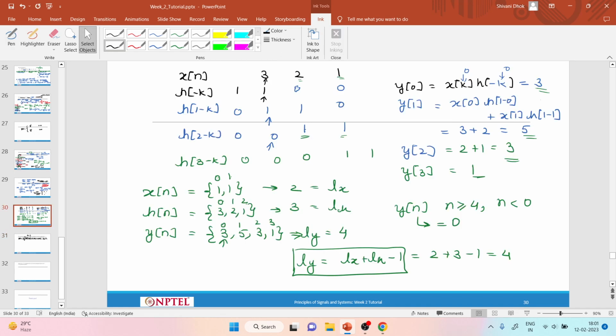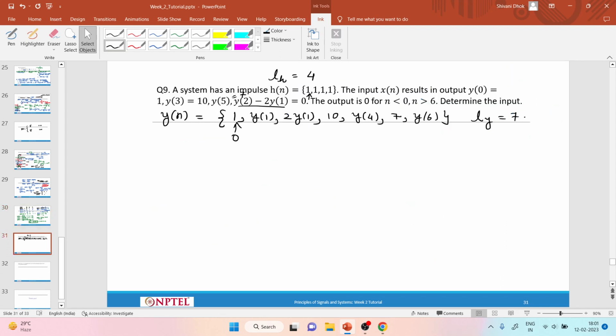Now if we use this equation L of y equal to Lx plus Lh minus 1, then we can find the length of the input.